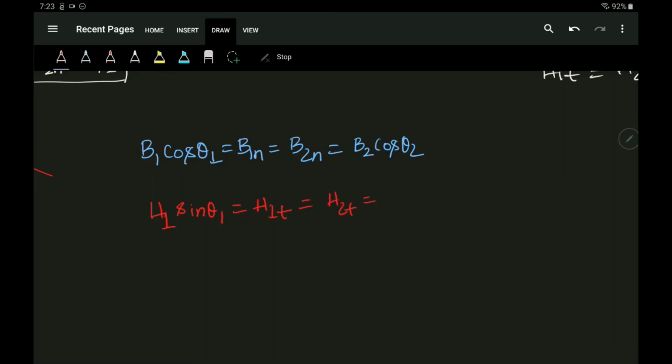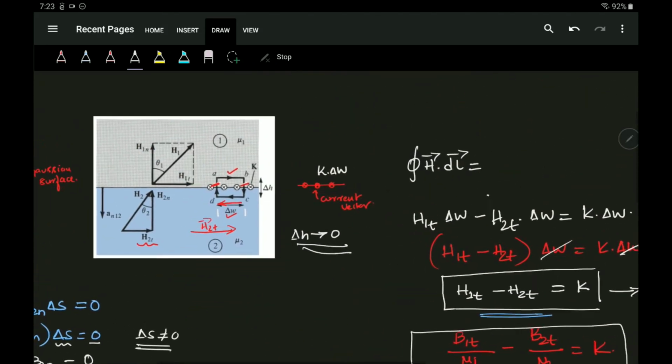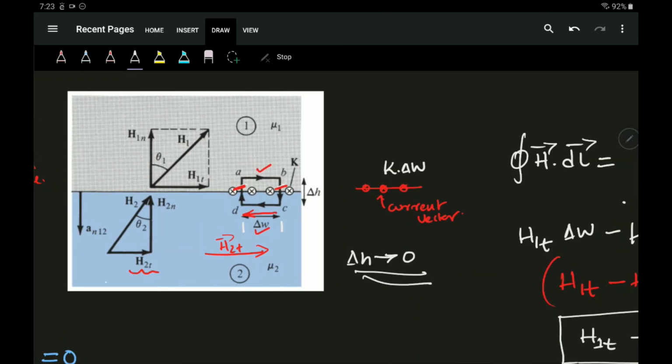If you remember, this is what we have proved, right? From this I am trying to correlate to what we had proved just now. So this is nothing but H2t, what? H2t is nothing but H2 vector times sine theta 2. I have derived this from this particular diagram.